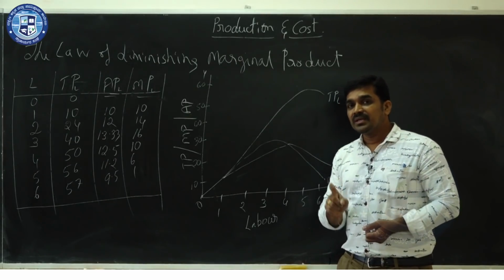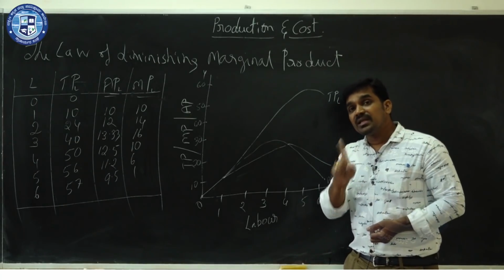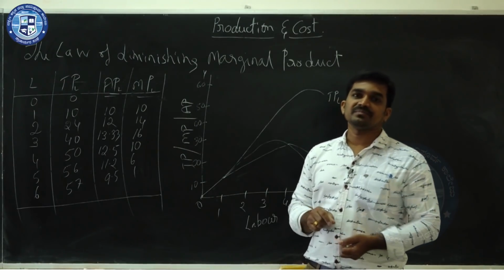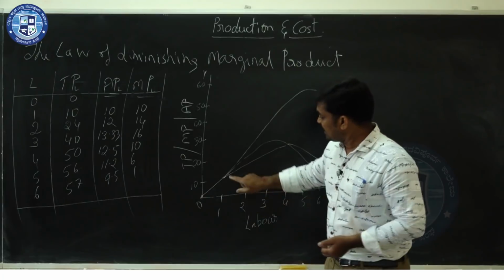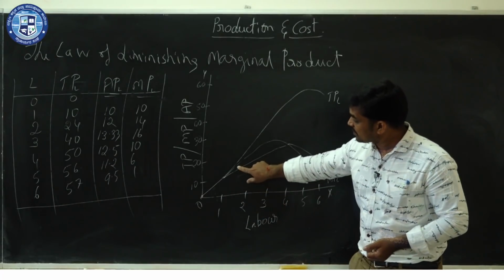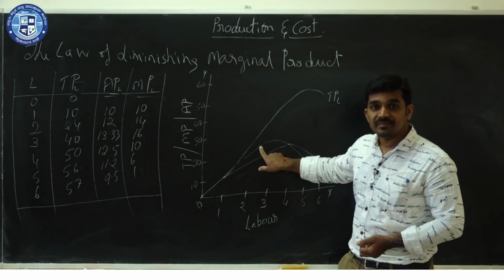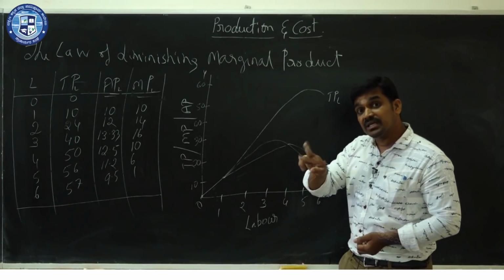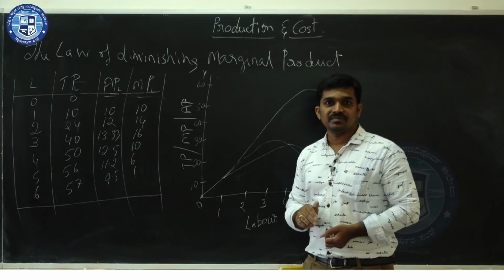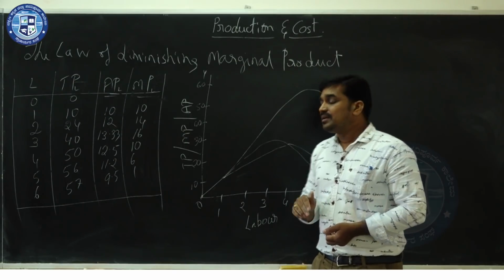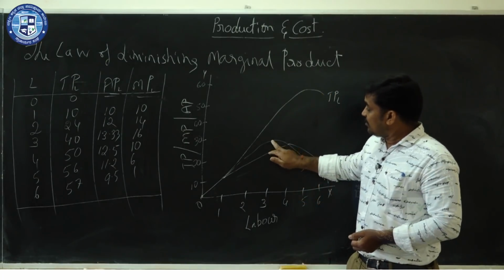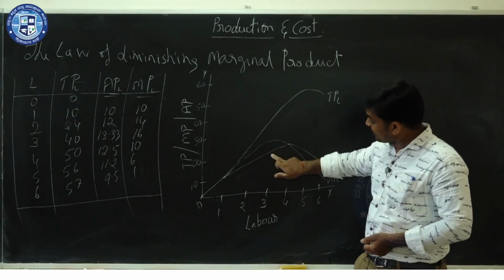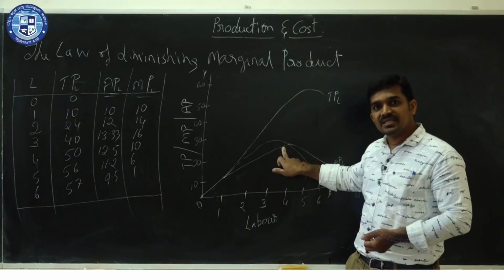But remember, first marginal product starts falling, then average product falls. When average product is rising, marginal product is also rising. Now the value of marginal product is greater than average product. When marginal product starts falling, average product is still increasing.